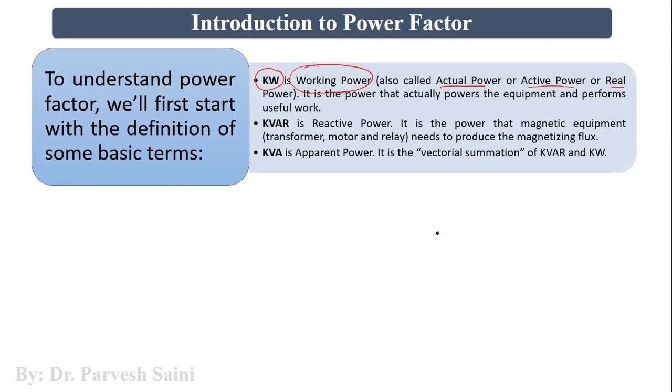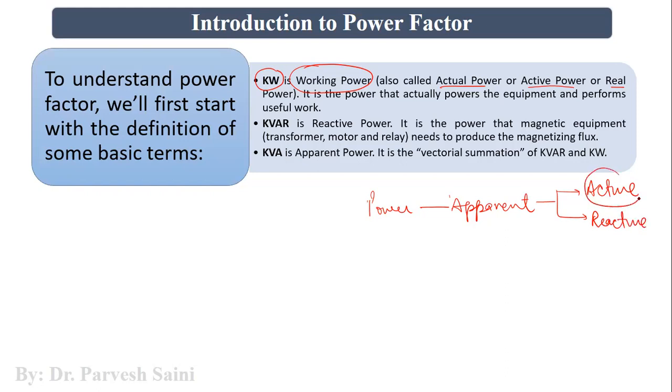So when we talk about the power triangle, or when we talk about the power, we have apparent power, right? Apparent power is the power of the source. Then this apparent power has two components. One is the active power and the second one is the reactive power.